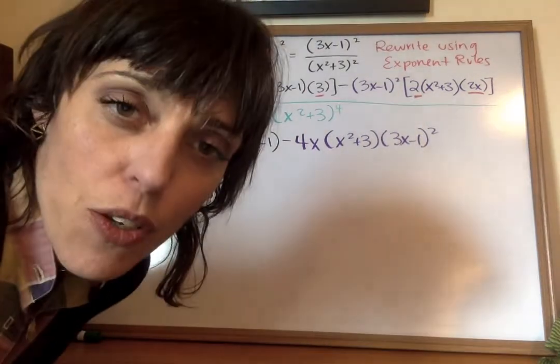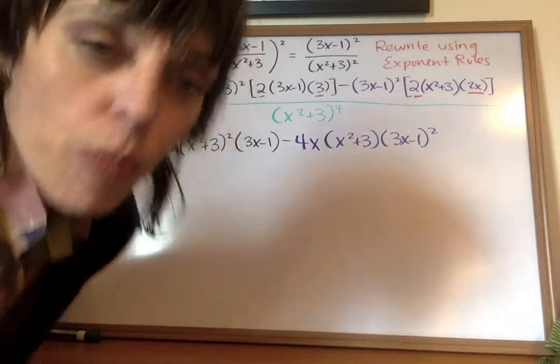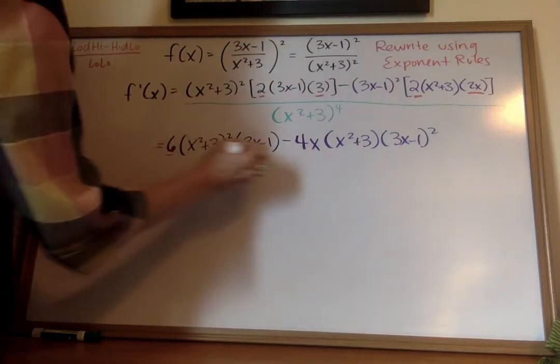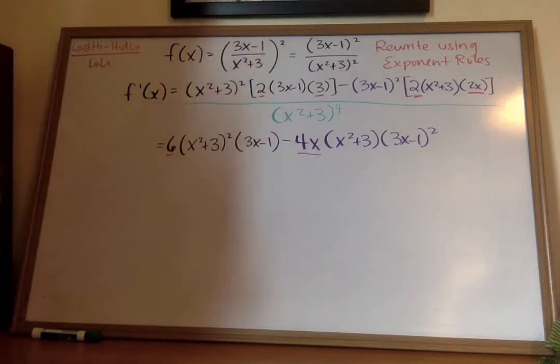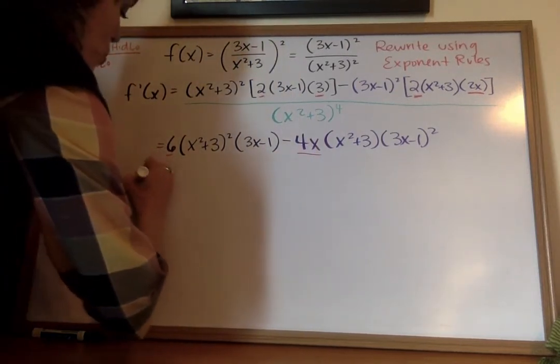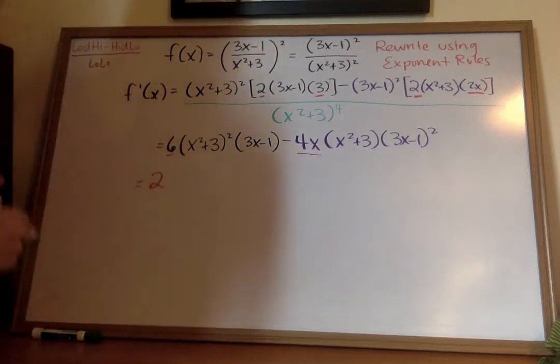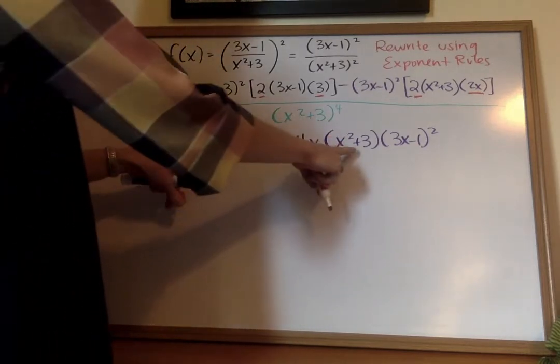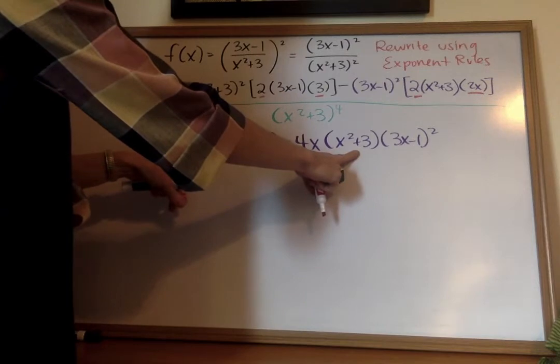So let's continue factoring and simplifying the numerator. I'm going to think about what my greatest common factor would be. Between my 6 and my 4x, I can pull out as a GCF a 2. I've got (x squared plus 3) squared here, x squared plus 3 to the first power here.